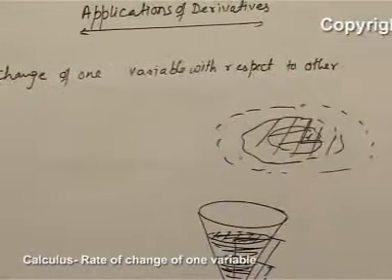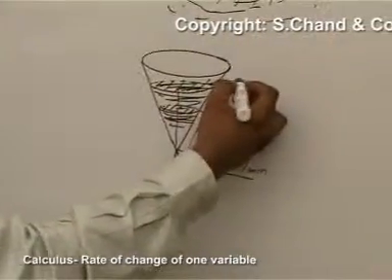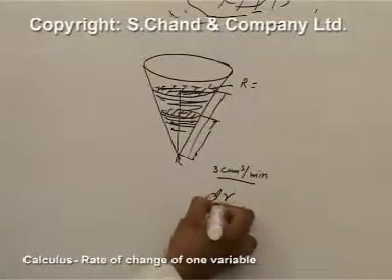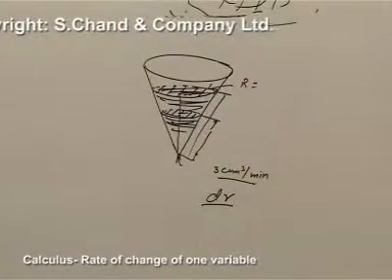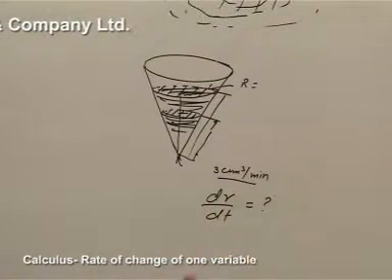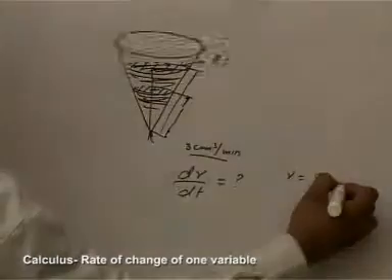Now, for example, we continue with this problem. First say the radius was something. We have to calculate how fast the radius is increasing or decreasing, meaning dr by dt, when the radius is say 4 centimeter.